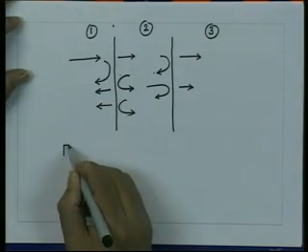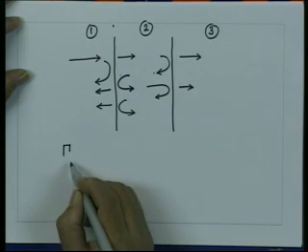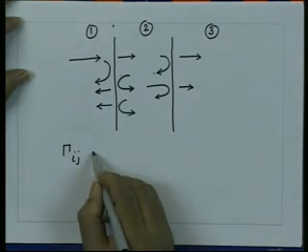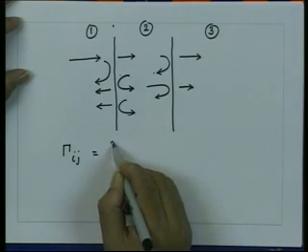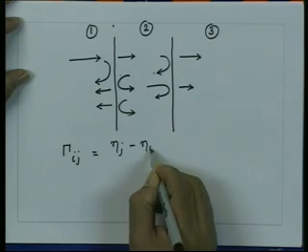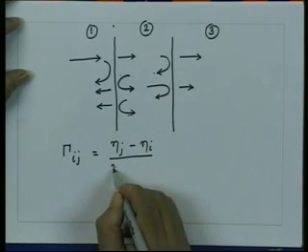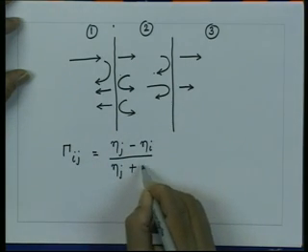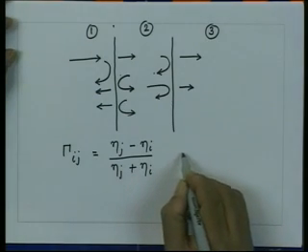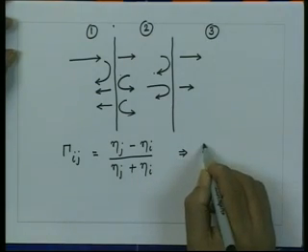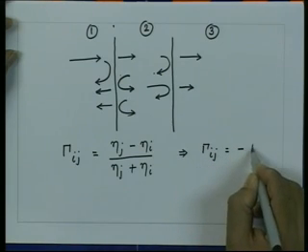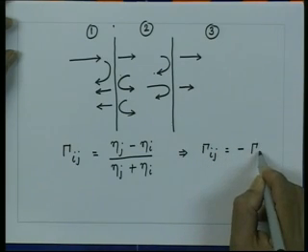So, let us say the reflection at an interface ij is nothing but the impedance of medium j minus the impedance of medium i, divided by the impedance of medium j plus the impedance of medium i. From here we get gamma ij is equal to minus gamma ji.